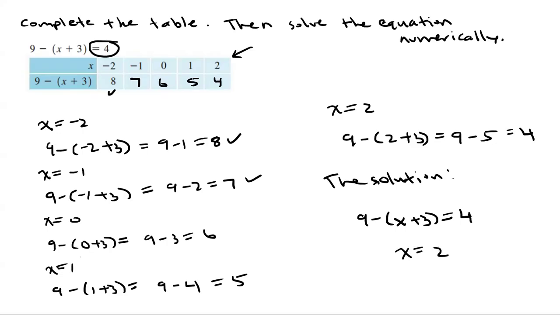So that will be the answer there, right? So this is based off of just plugging the values in, right? This is what they mean by solve the equation numerically, just plugging it in.